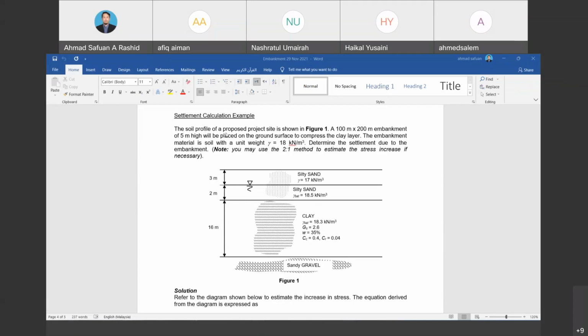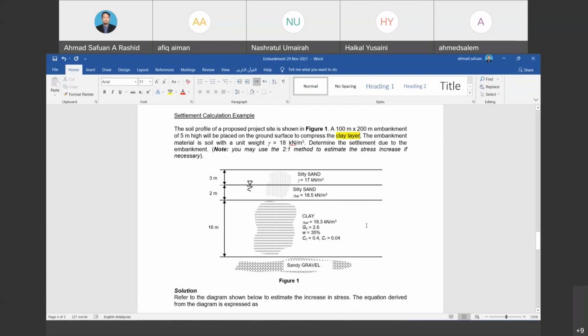So a soil profile of a proposed project site is shown in figure 1. A 100 meter times 200 meter embankment of 5 meter height will be placed on the ground surface to compress the clay layer. I'm highlighting the clay layer, because the primary consolidation only happens at the clay layer.